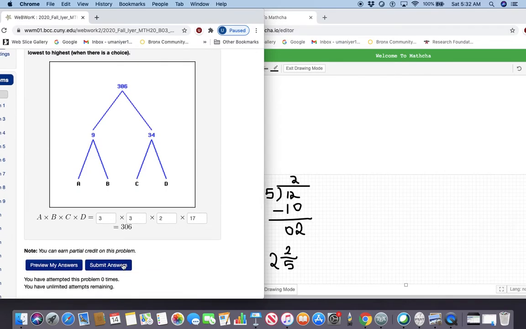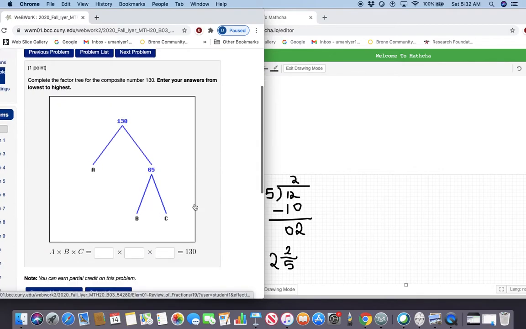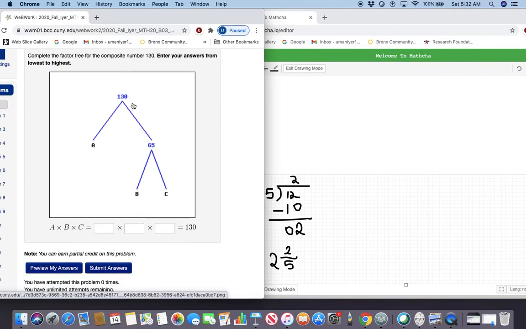Okay, next problem. All right, same thing. They are telling you one factor is 65. So what is the other factor?